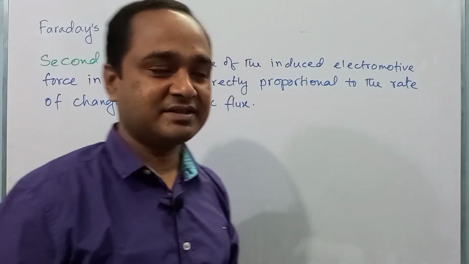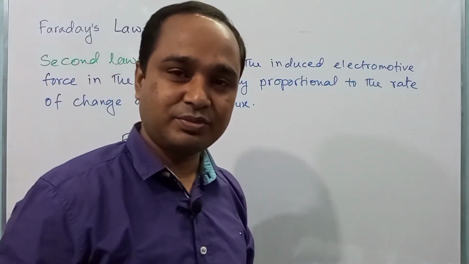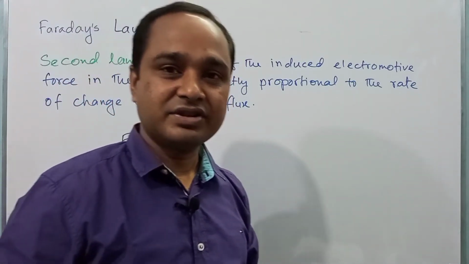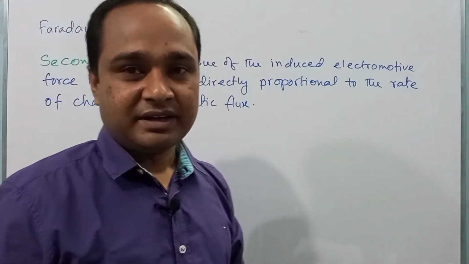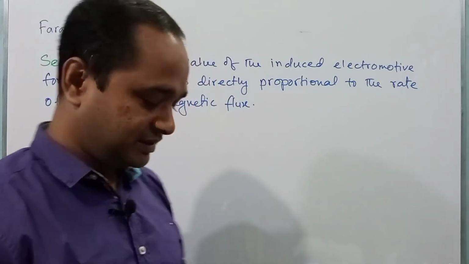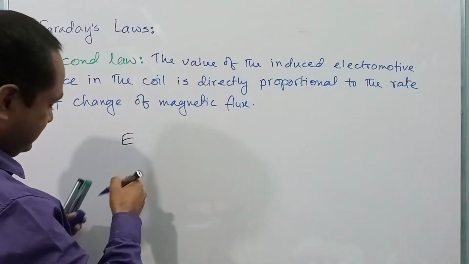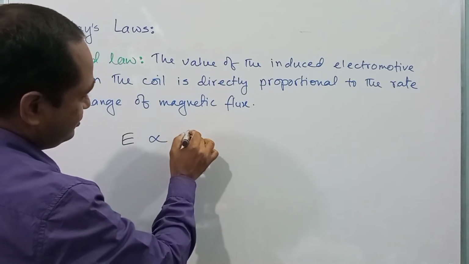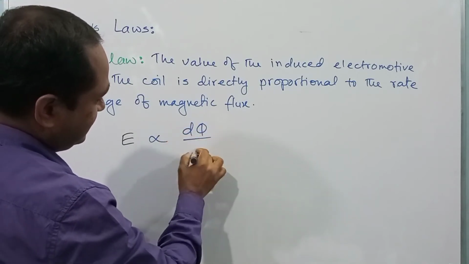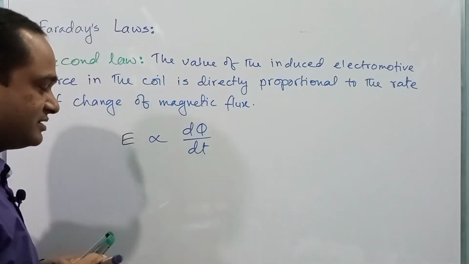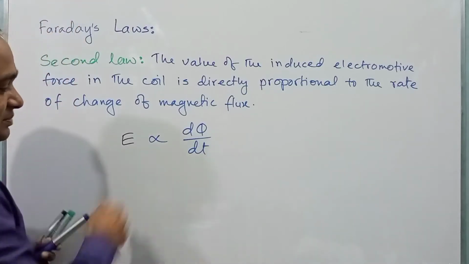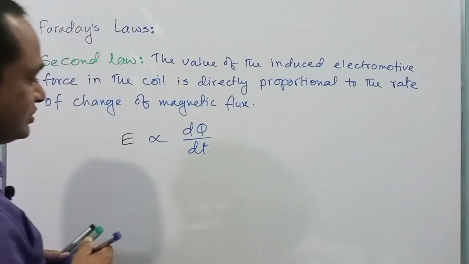So, if the induced EMF is E, and the rate of change of magnetic flux in a coil of single loop or single turn is d phi in time dt, then we can write that E is directly proportional to d phi by dt, right? So, we can replace the sign of proportionality using a constant.